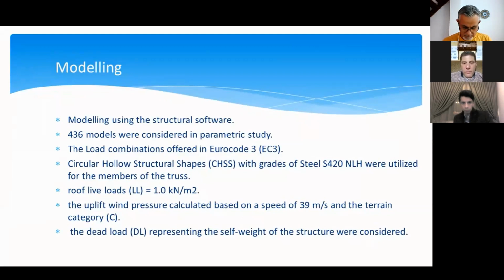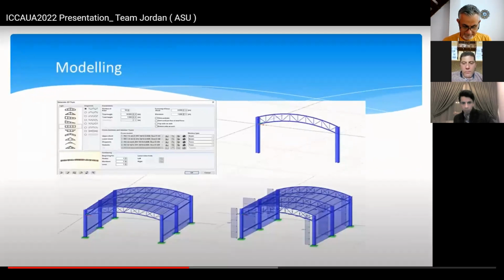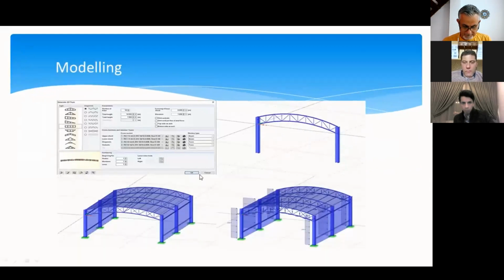Live load was 1 kilonewton per square meter, and the wind speed 39 meters per second, as category C. And at last, we considered the self-weight as the dead load. Last, here is how we can model in the drawing stage and the selection of our truss.